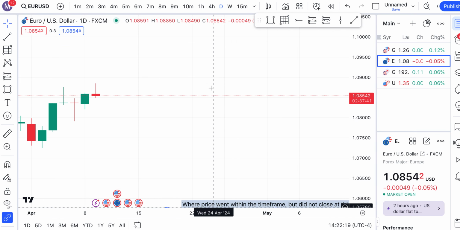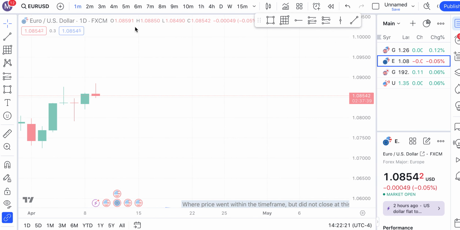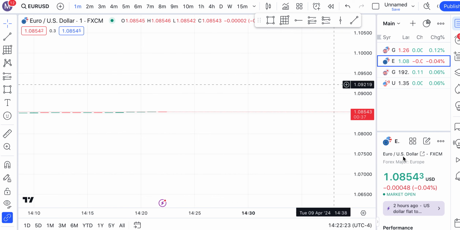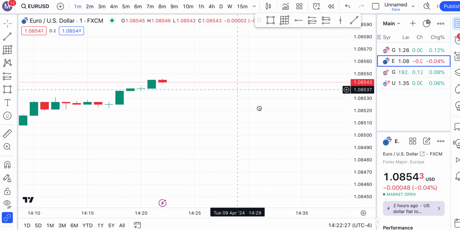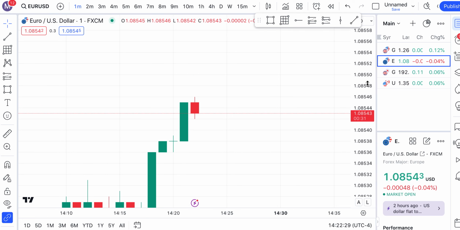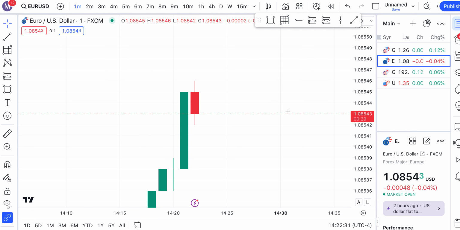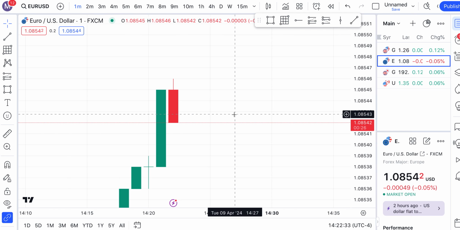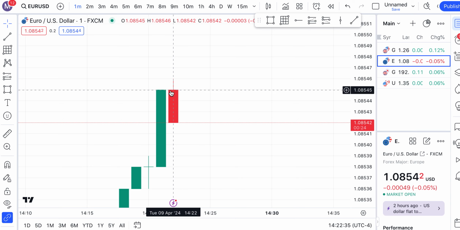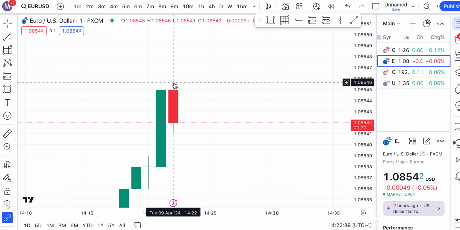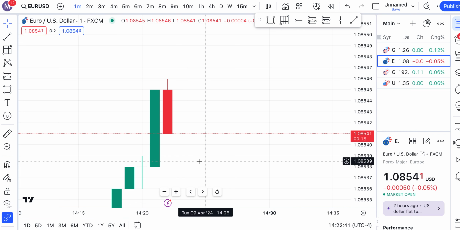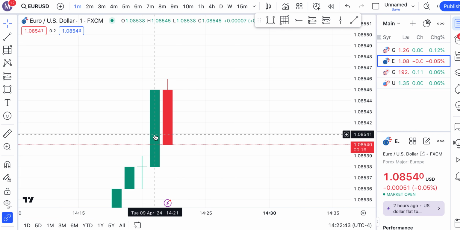So let's have a look now at a live example. We'll go to the 1 minute time frame. This one's got 34 seconds left before it closes. So let's just watch it and see what it does. We know that it opened here and it's currently down here, but it did come up here at some point and it's left the wick behind. Look, watch it.